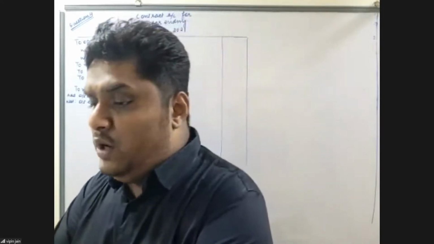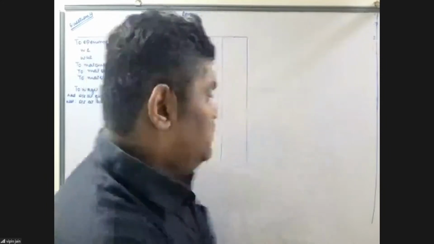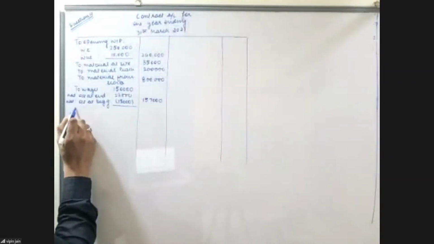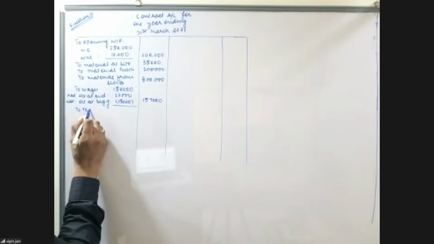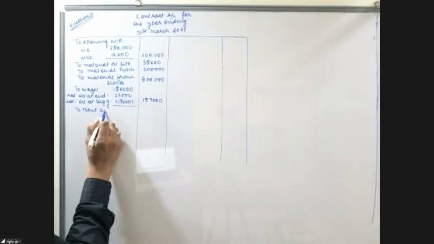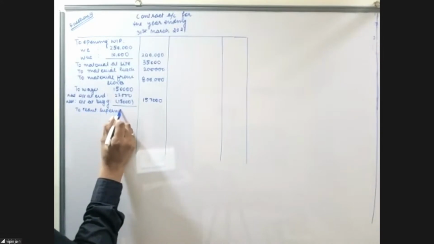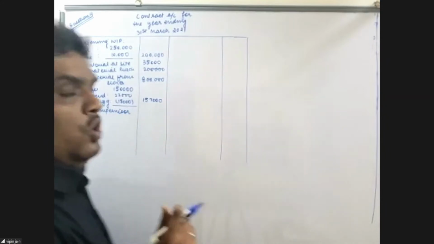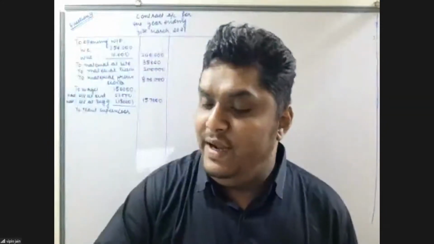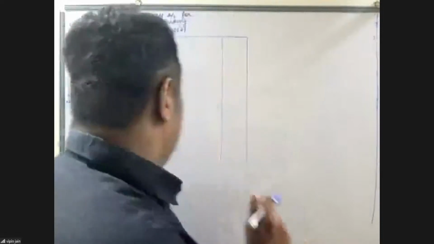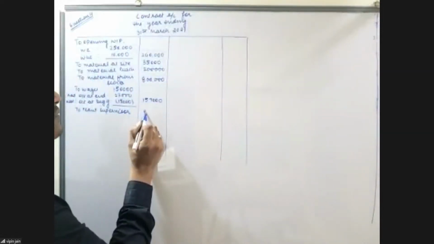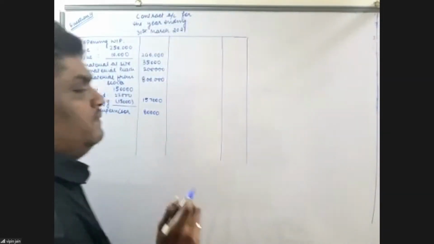Further, plant supervisor salary is 2,40,000, and it is given that the supervisor has devoted only 1/3 of the time to the contract. So 2,40,000 divided by 3. So this will be 80,000.